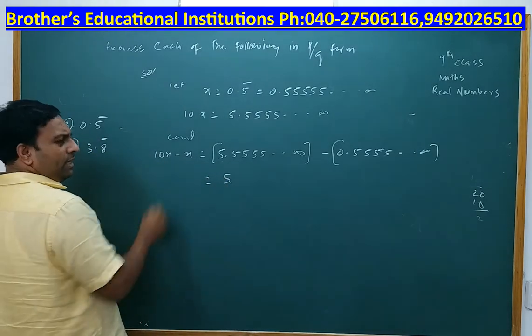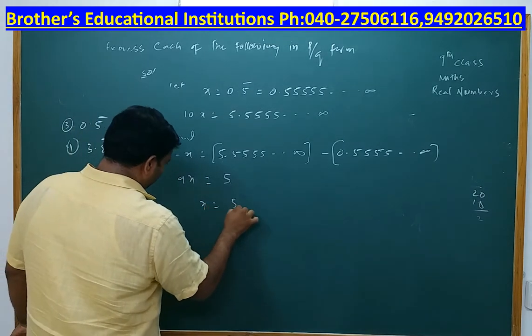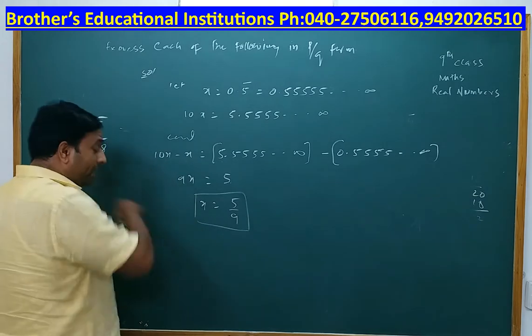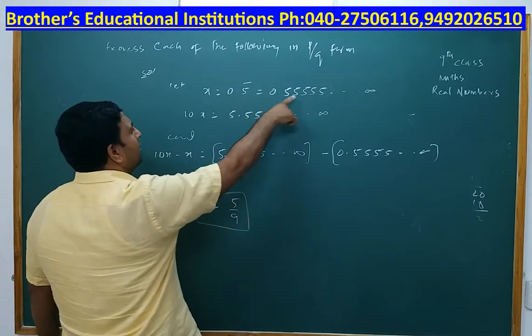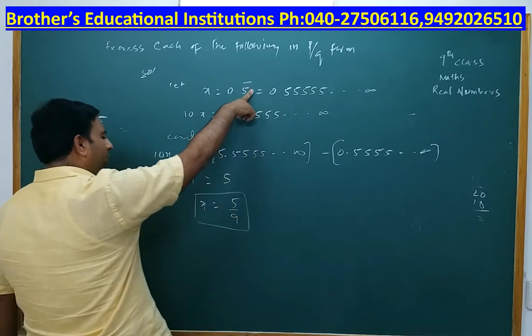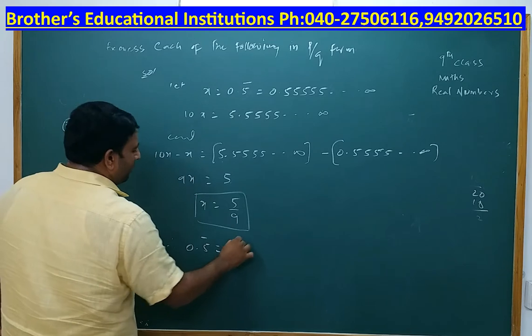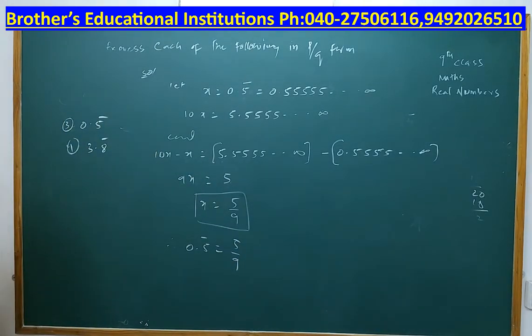And 10x minus x is equal to what? 9x. So x is equal to 5 divided by 9. So in your calculator, if you check 5 divided by 9, the answer will be 0.5 and so on, which is nothing but 0.5 bar. Therefore 0.5 bar in the P by Q form is 5 by 9. I am sure you understood this methodology.